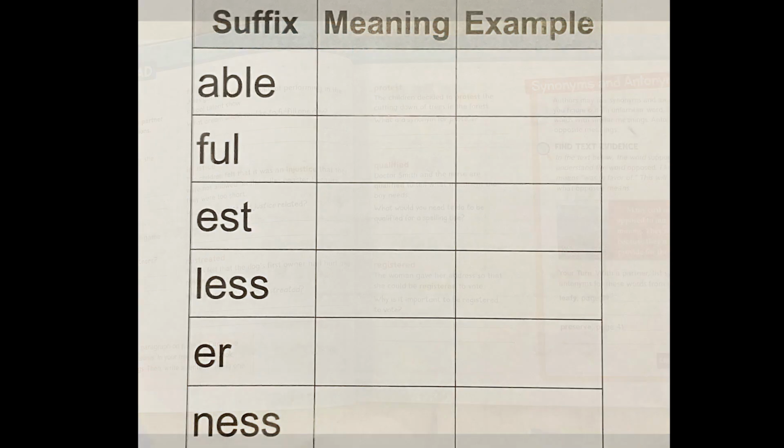A reading activity might include creating a suffix, meaning, and example chart. These are given in each column, meaning a suffix column, a meaning column, and an example column. These charts will help the students in their word attack skills for fluency and comprehension.